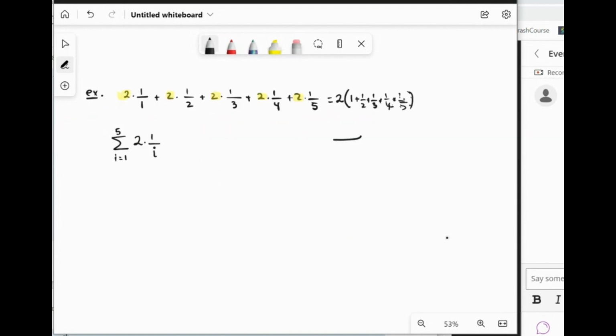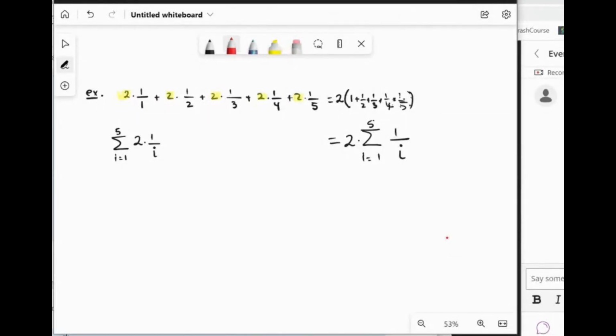If there is a number multiplied by each term, we can factor that out. So in fact, this is twice the sum of the terms from I equals 1 to 5 of 1 over I.